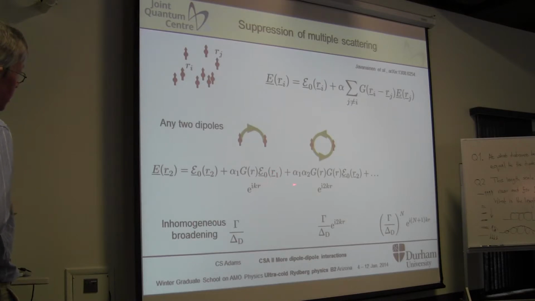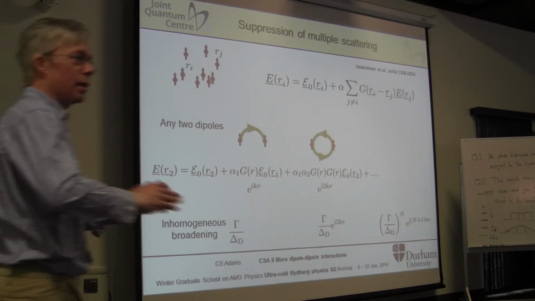So then in this power series, you basically have to add a factor. There's this broadening factor, which would be my natural width, which is the scale of the coupling, over the width of the broadening. So the first order term I get some attenuation, that's basically the ratio of these widths, and then this would come in as the square and the power n on the nth order term. So now this series is attenuated by this broadening effect.